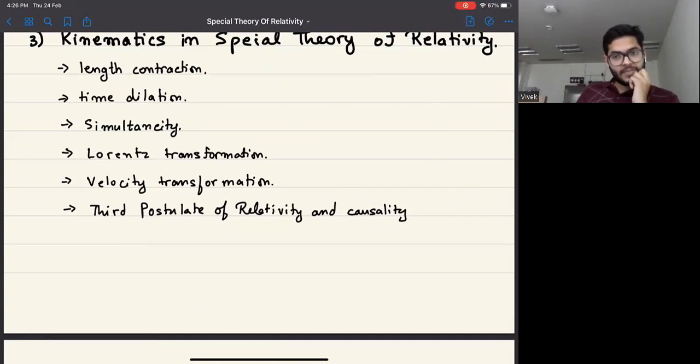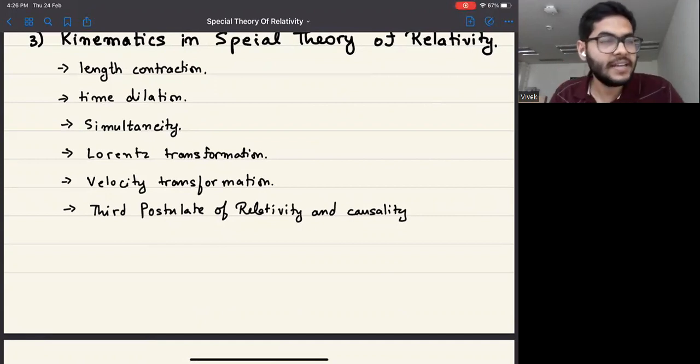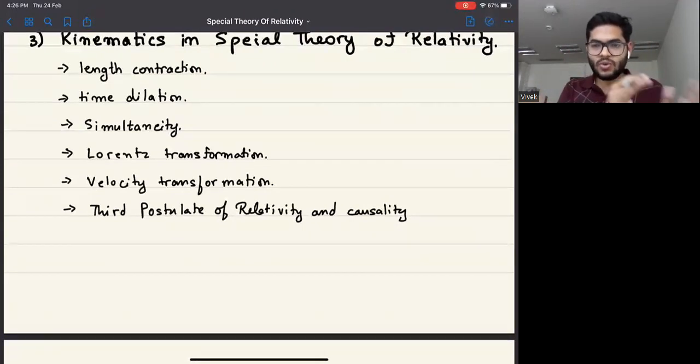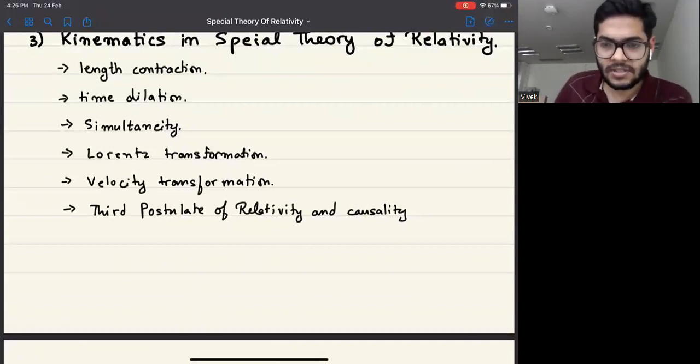So causality is a very intuitive idea. We know that things really follow chronological order. For something to happen, for an effect to happen, it must have a cause. And this cause and effect relationship is captured very beautifully by causality.